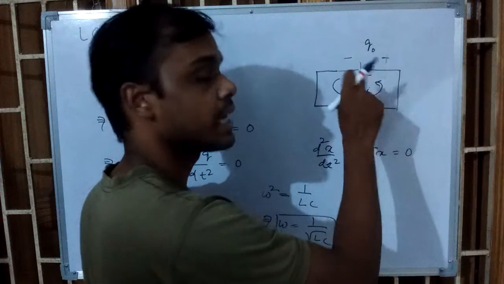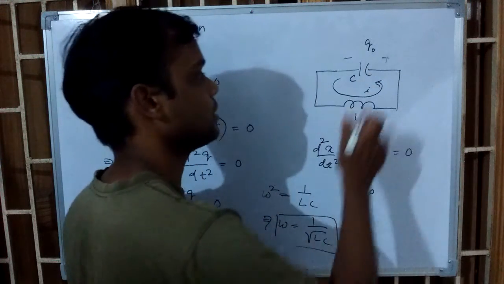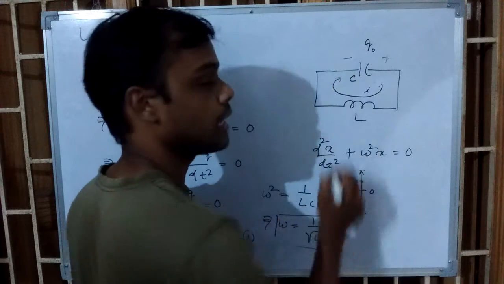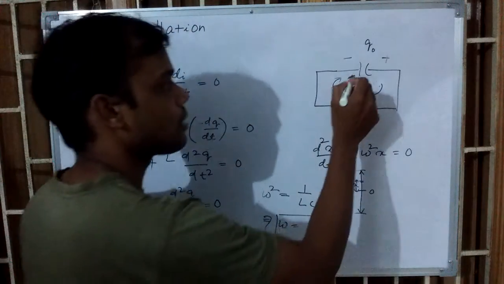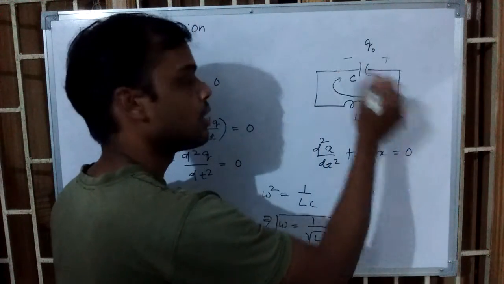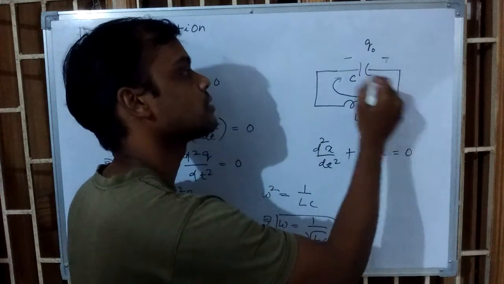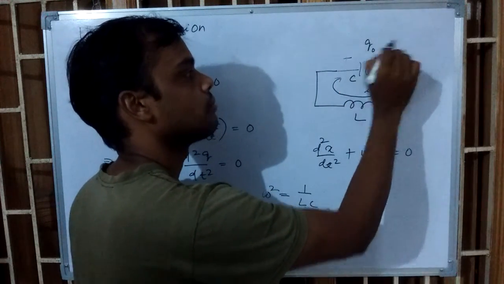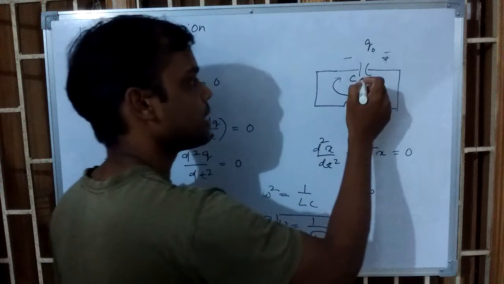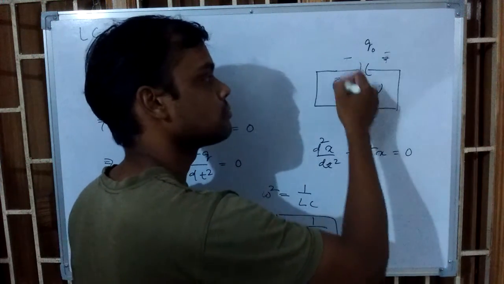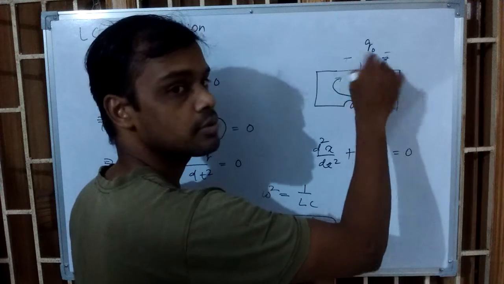Then the capacitor will again start supplying current to the circuit. But this time this is plus, so the direction of the current will be like this. Now current will flow in this manner. Again the inductor will gain energy and it will supply in this direction, again plus, minus. That means current will first go like this, then like this, then like this. It will continue this process.